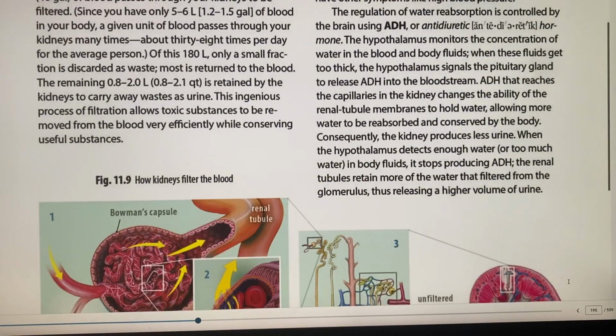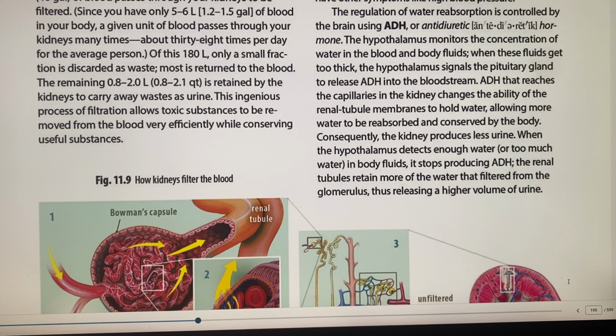And then we have another called ADH, or antidiuretic hormone. What does ADH do? It's activated by the hypothalamus in our brain.